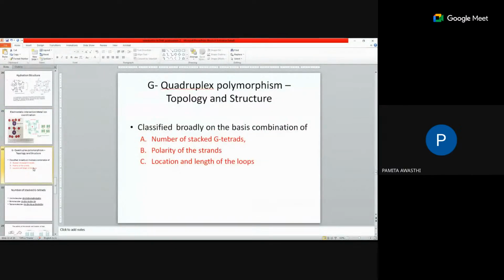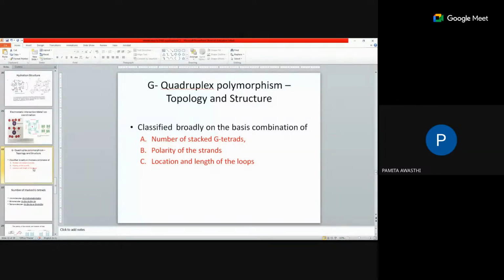Then comes the G quadruplex polymorphism, that is topology and structure. How do they pack themselves, how the packing of the secondary into tertiary and tertiary into the quaternary takes place. So they are also broadly classified on the basis of a combination of the number of stacked G tetrads, polarity of the strands, location and length of the loop.